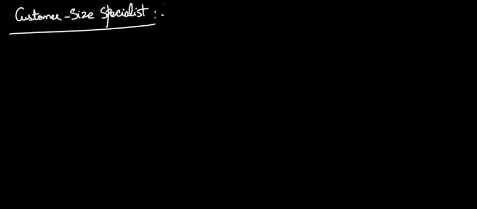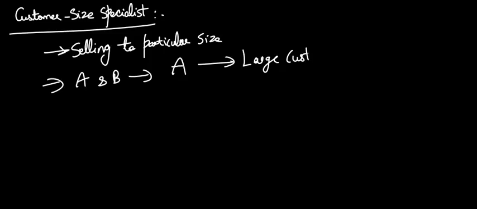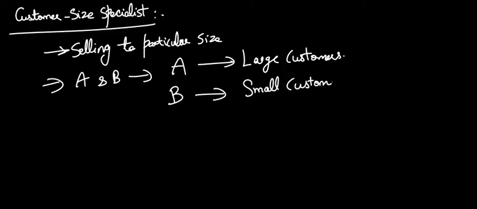In this, the firms concentrate on selling to a particular customer size, which means if there are two firms A and B, A can serve only large customers who buy in bulk, and B can serve small customers, somebody like a retailer or something like that.